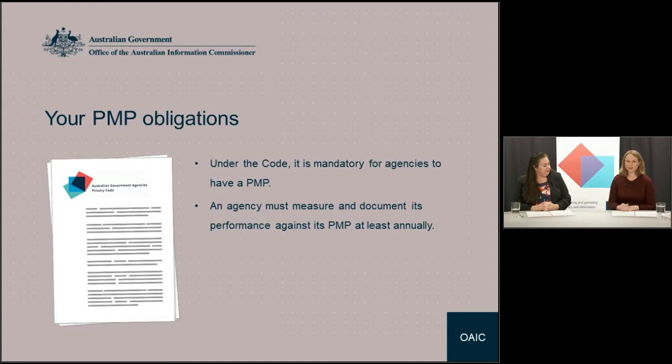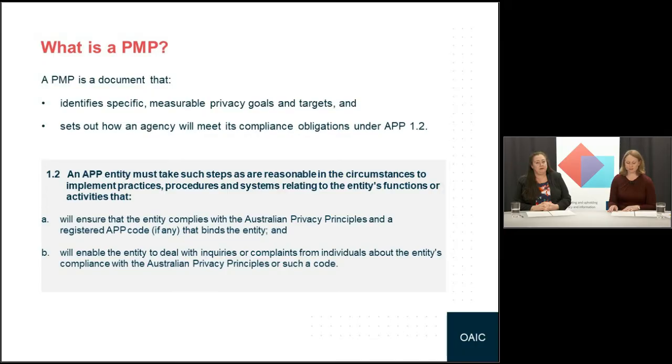Under the code, you must have a PMP, and your agency must measure and document its performance against the PMP at least once a year. A PMP is a document that identifies specific measurable privacy goals and targets and sets out how your agency will meet its compliance obligations under Australian Privacy Principle 1.2.